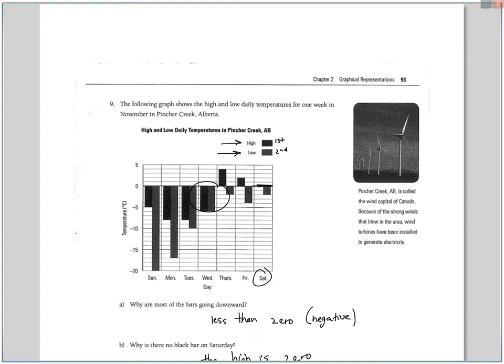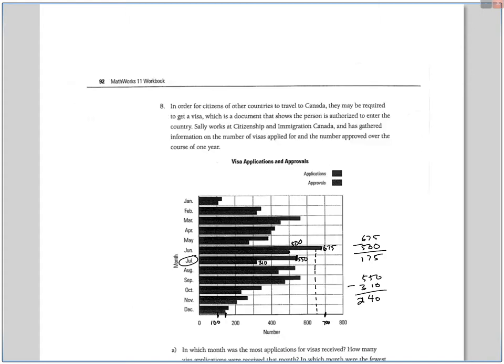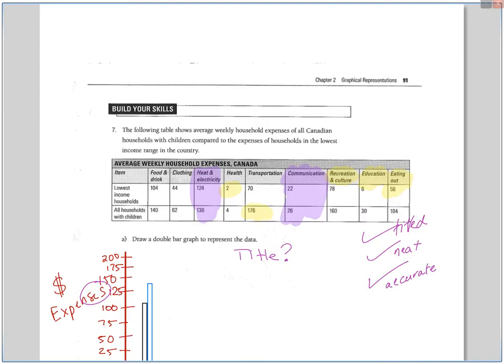Do you think a stacked bar graph would be good for the high-low? I don't. I like the way this one is. So either question 7 or question 8 would be better for a stacked bar graph. And we said that the applications versus approvals, we wanted to tell the difference. Remember that? So that was better for when it's double bar graphed. So it must be 7. 7 must be the best one.